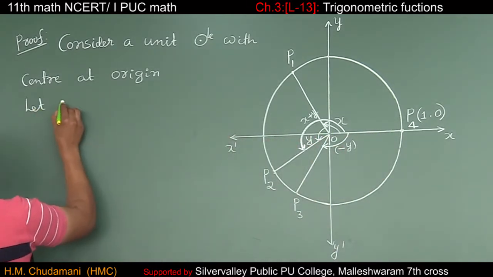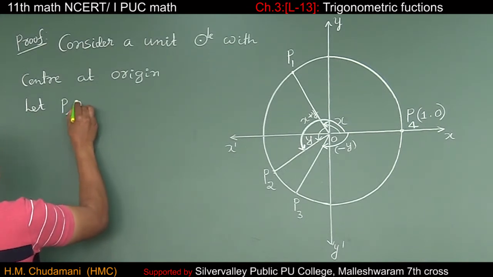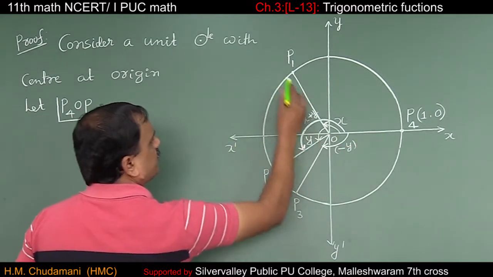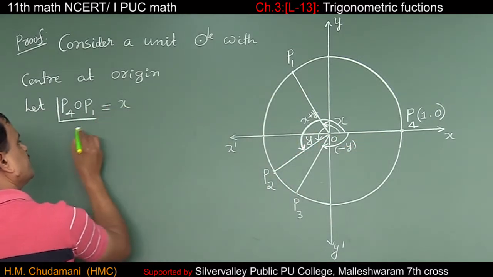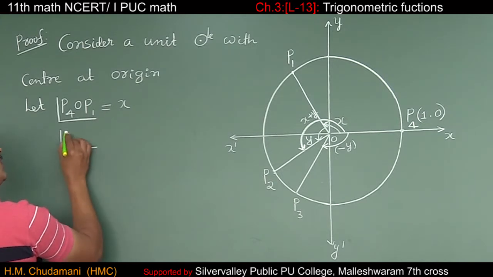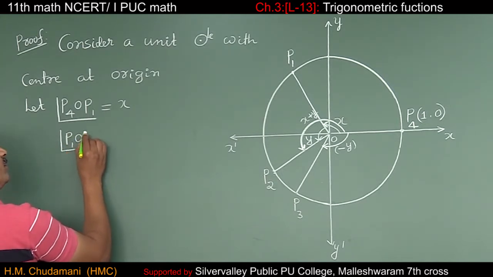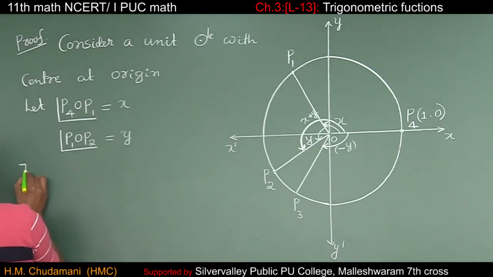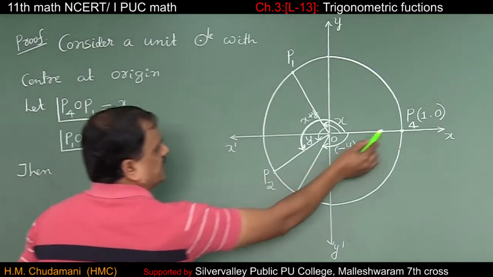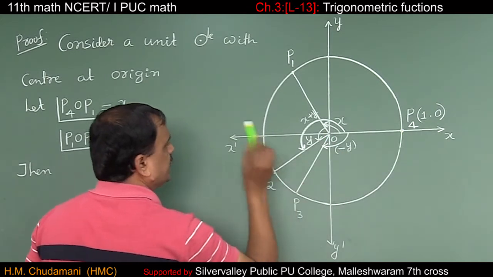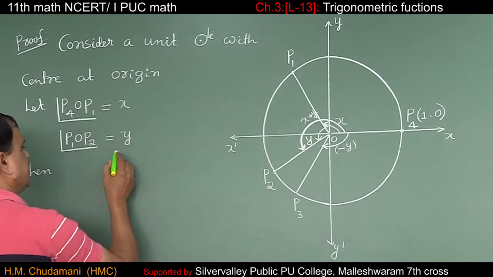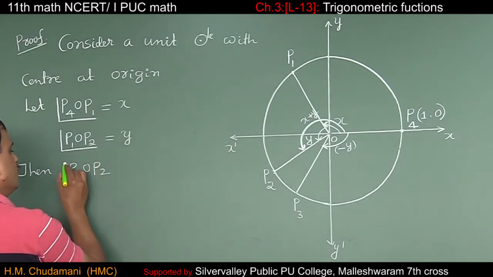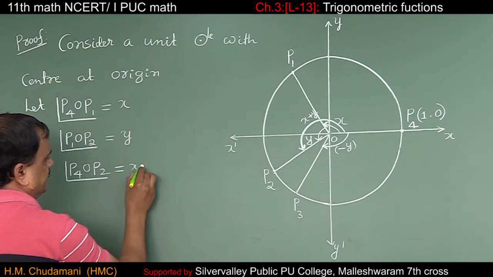Angle P4 O P1 is x unit, angle P1 O P2 is y unit. Then the total angle P4 O P2 should be x plus y.